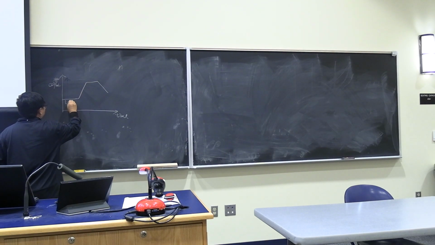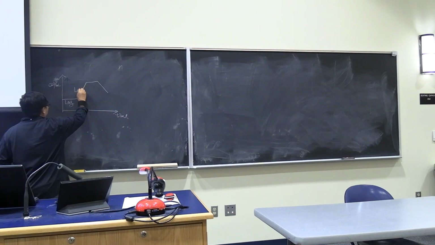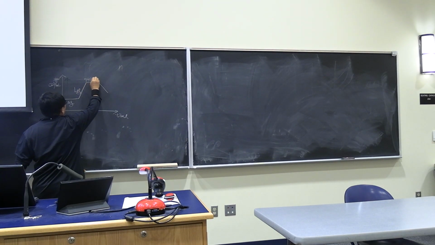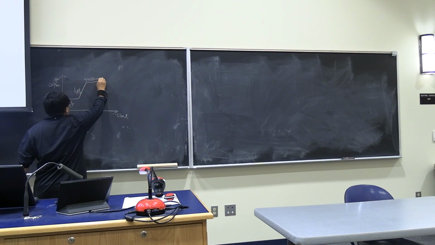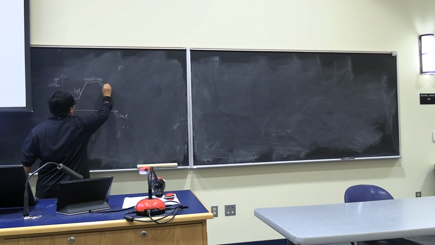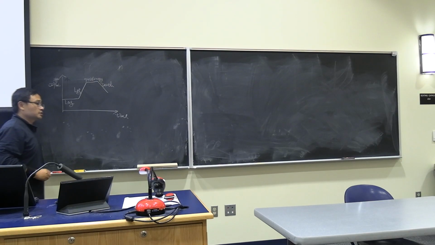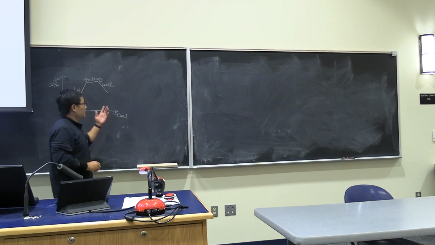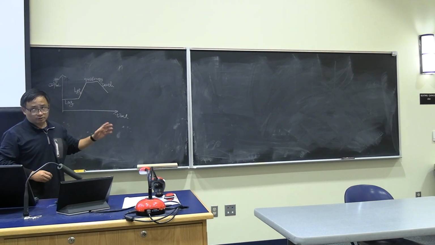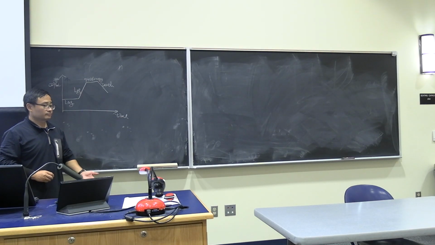So we have a lag phase, log phase, stationary phase, followed by the death phase. This is a bacteria growth curve. And the death process, we also call it a programmed death.